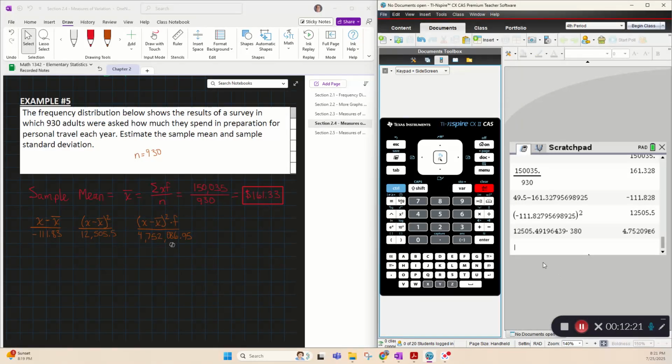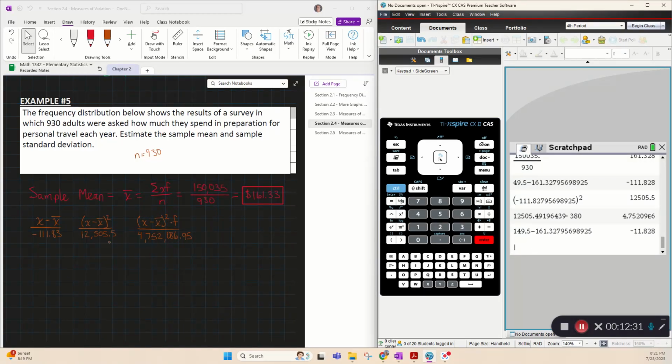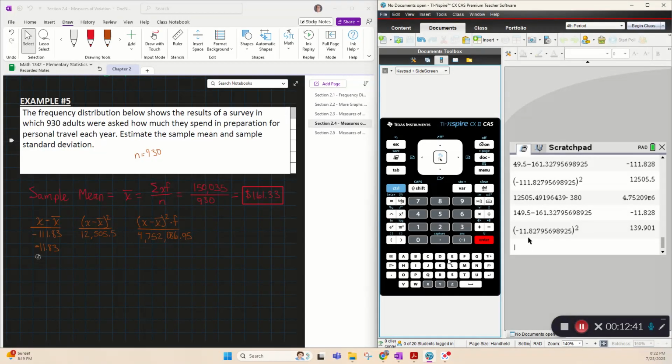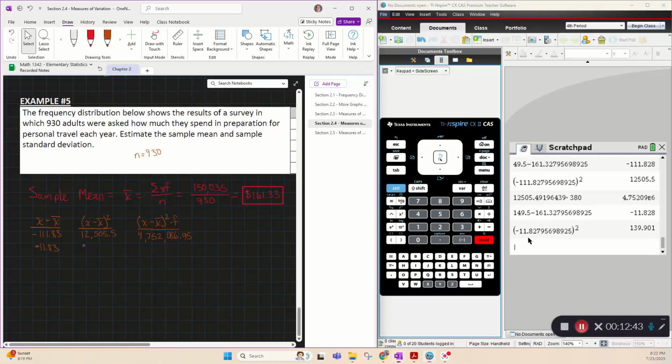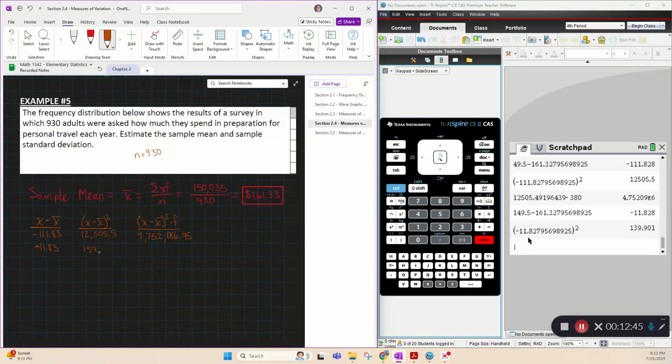Okay. So now, I need to do the same thing, but now for the 145 midpoint. So this is going to be negative 11.83 is my x minus x bar. Square it, I get 139.901.